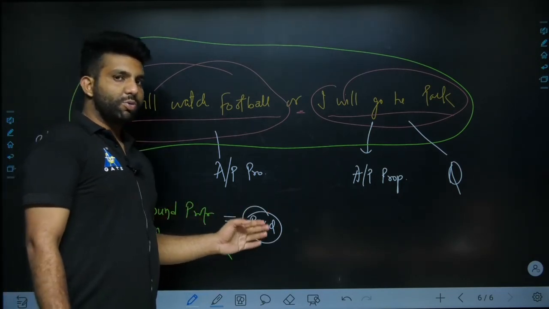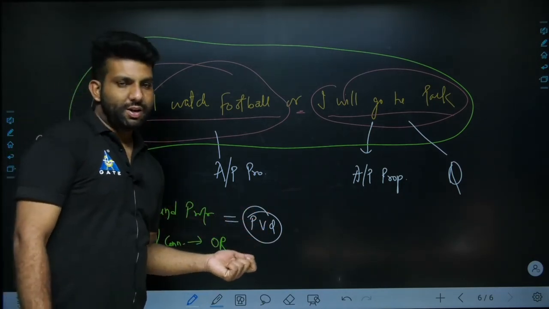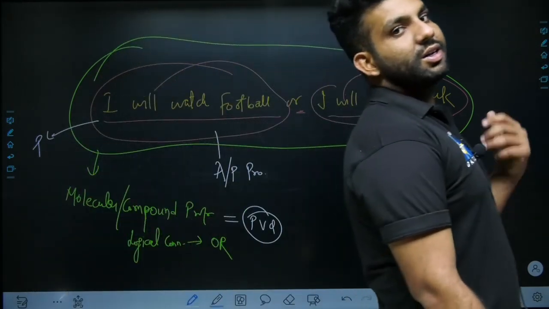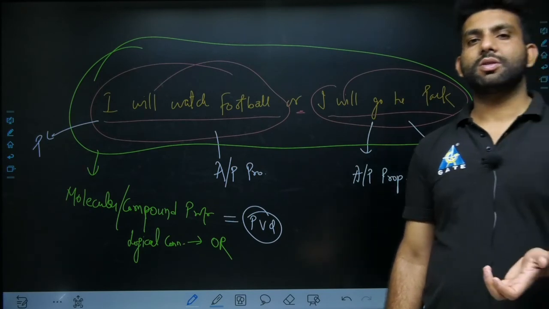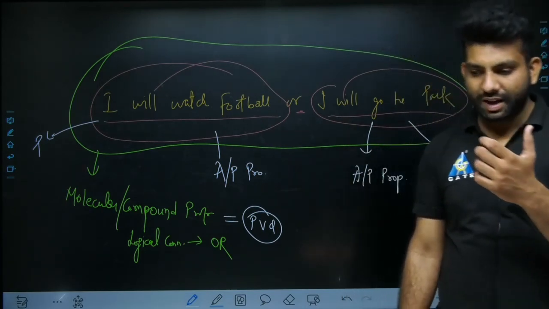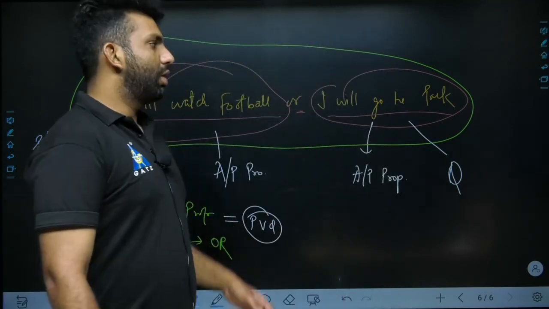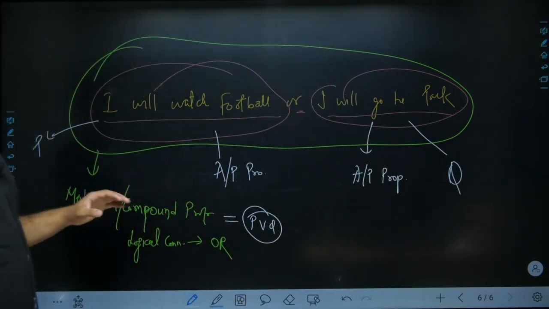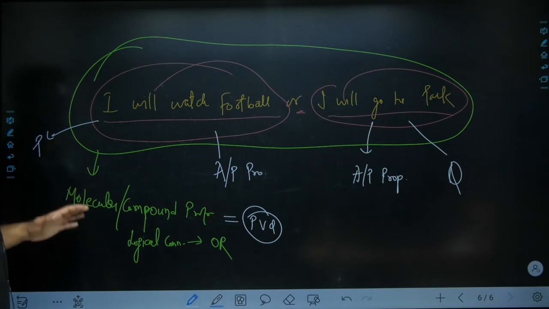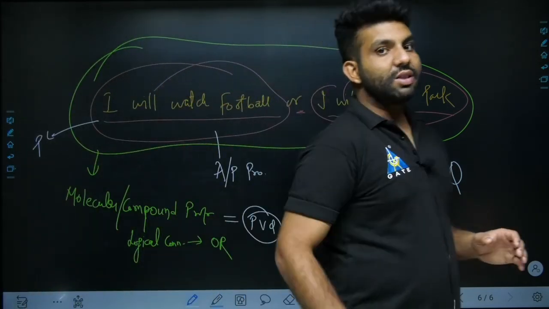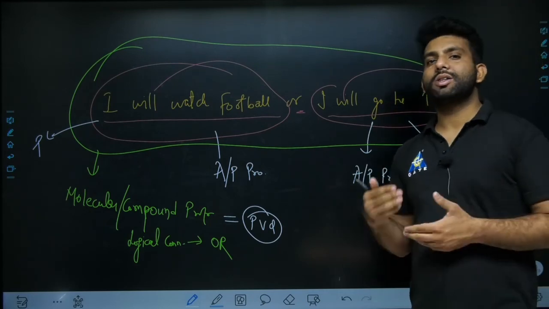Rather, I can say that a molecular proposition is a proposition which is created using atomic propositions with the help of logical connectives. That was all about atomic, primitive, molecular, compound propositions, variables, and what exactly a proposition is.